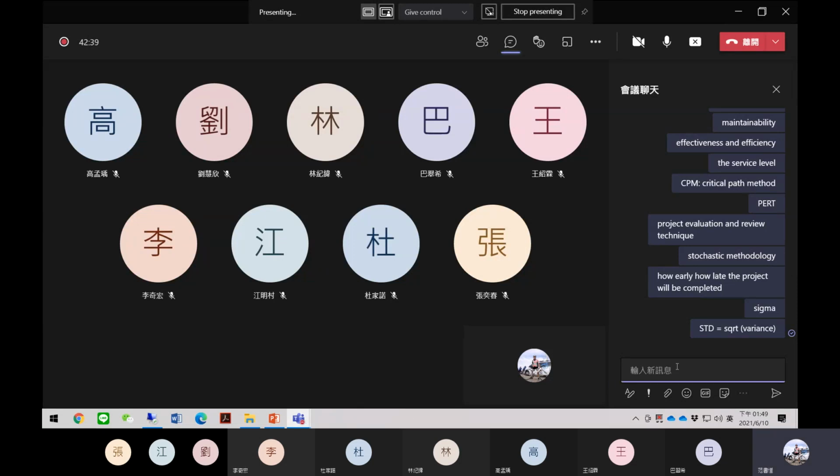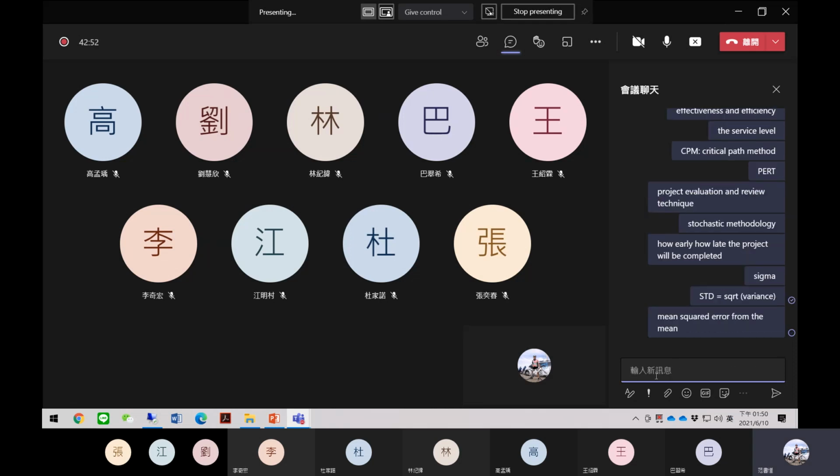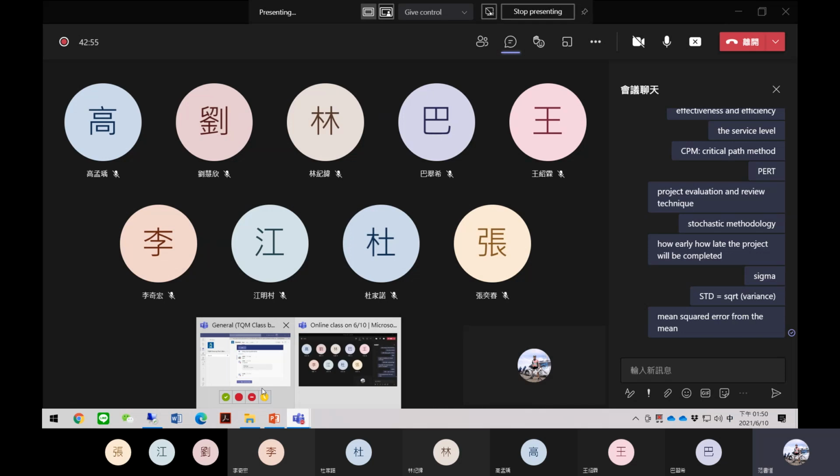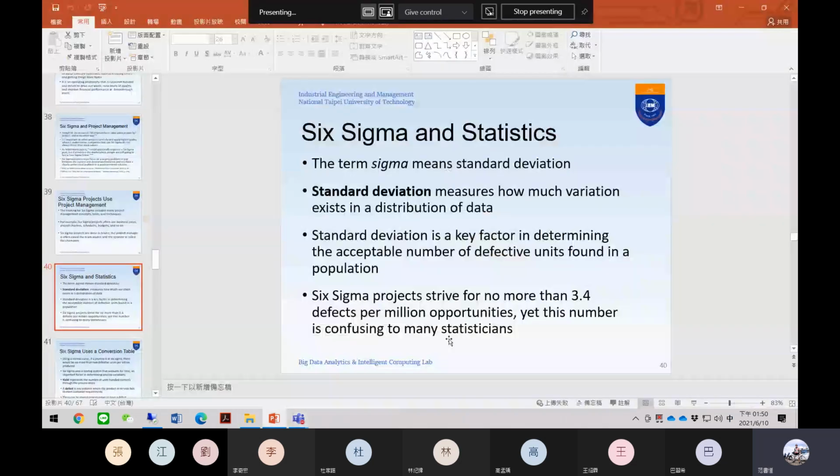Then we calculate the mean square error from the mean. So standard deviation is a key factor.